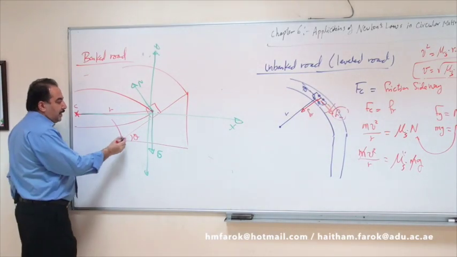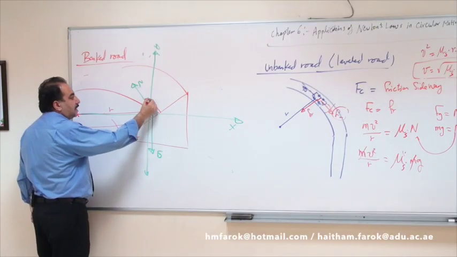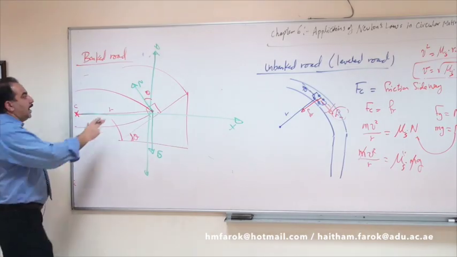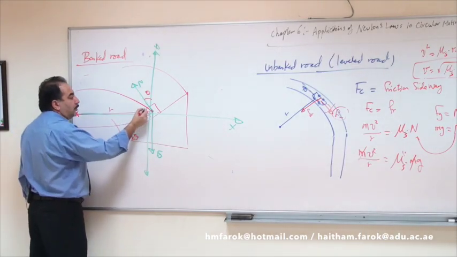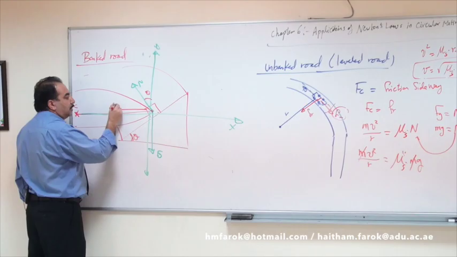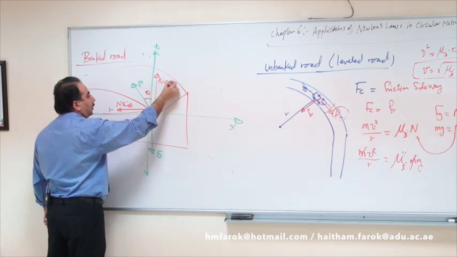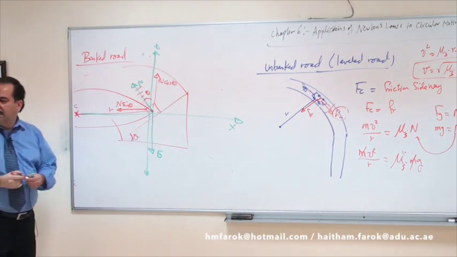Now, by geometry, if this is theta as well with the y-axis, N will have two components. One on the x, what is it? N sine theta. And one on the y, N cosine theta. And I don't need N.